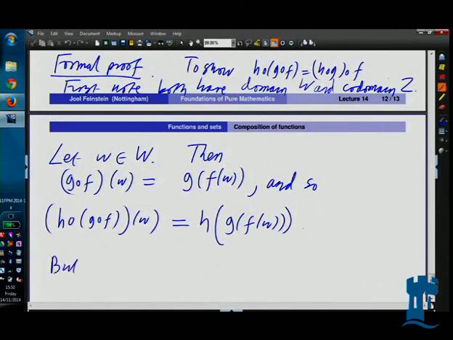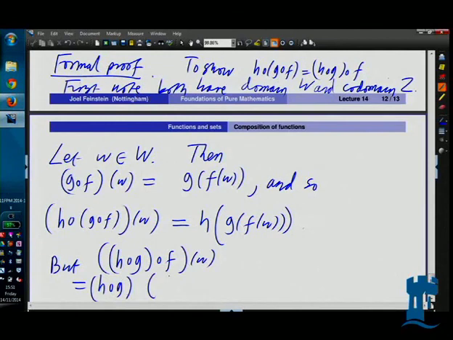But the other one is, what is h composed with g composed with f of w? That's h composed with g of f of w. Because this one, you have to do f of w first and then apply h composed with g afterwards. But to work out h composed with g of f of w, you have to do h of g of f of w.